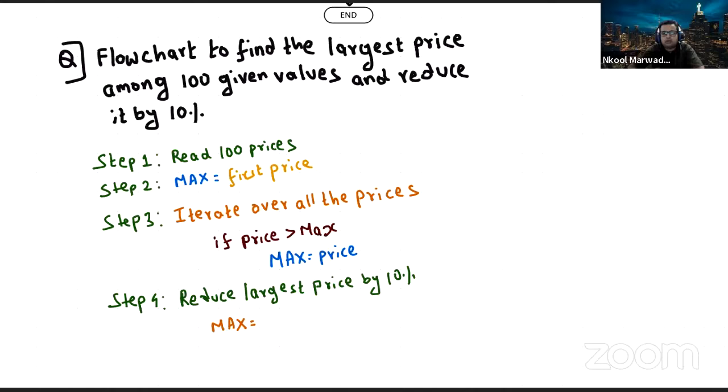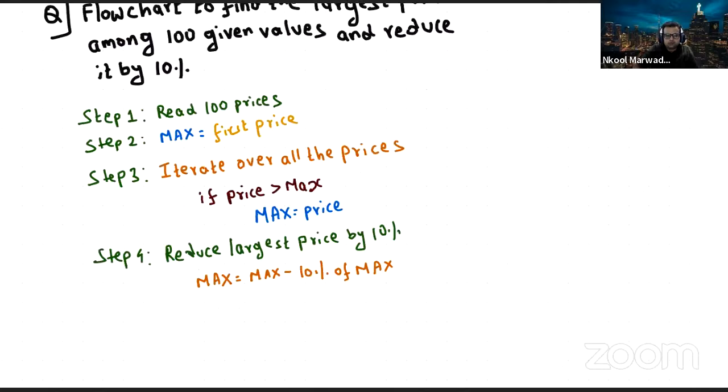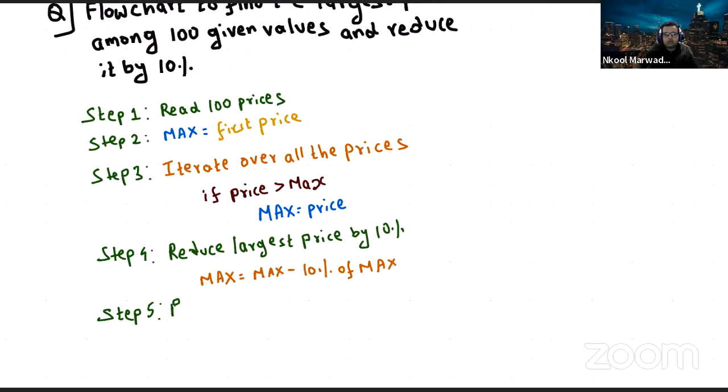Max is equal to max minus 10% of max. So whatever the value of max, we have to subtract 10% of it from the original maximum value. And then I will print the result.